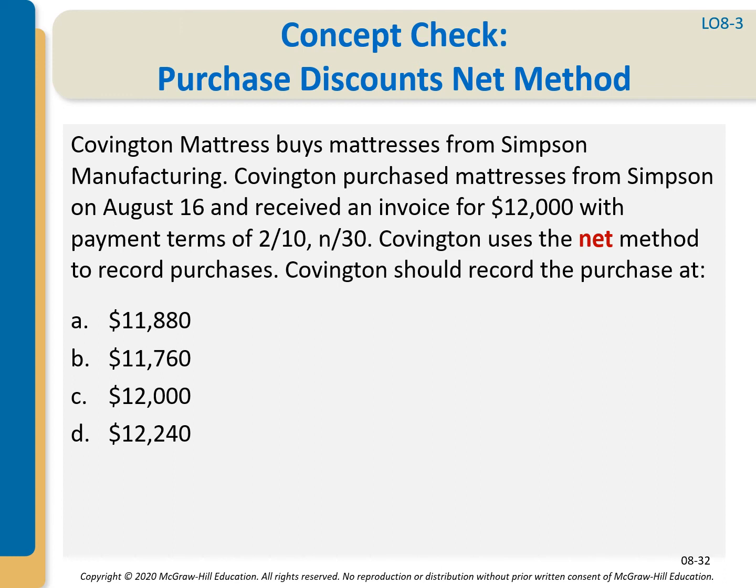If we're using the net method, we record the amount as if we take advantage of the discount. So we get a 2% discount, and if we take the 2% discount, that means that we will be paying 98% of 12,000, which gives us $11,760.